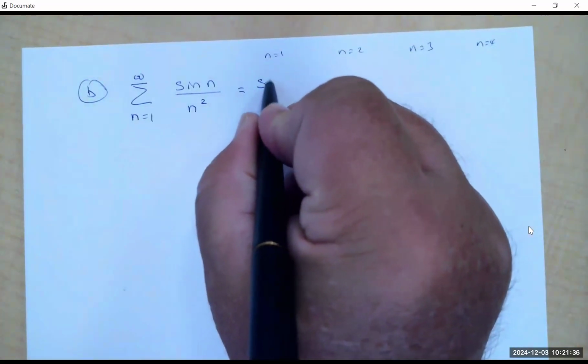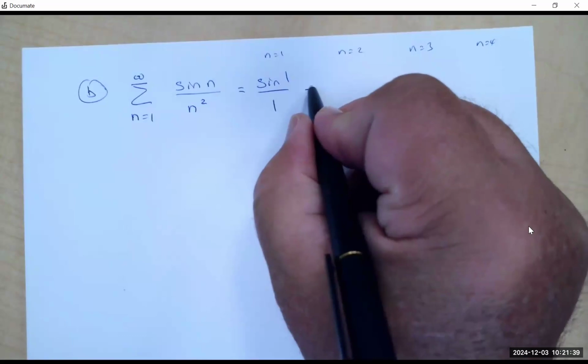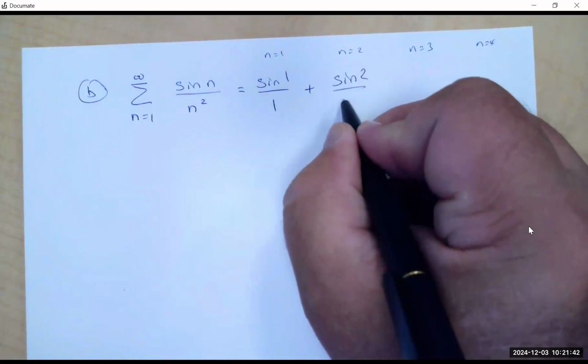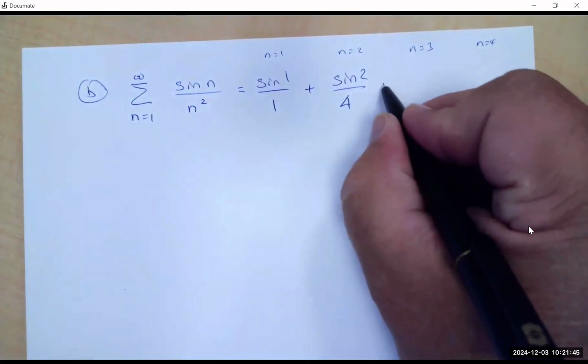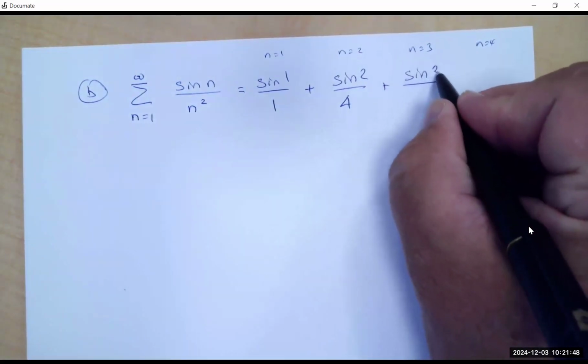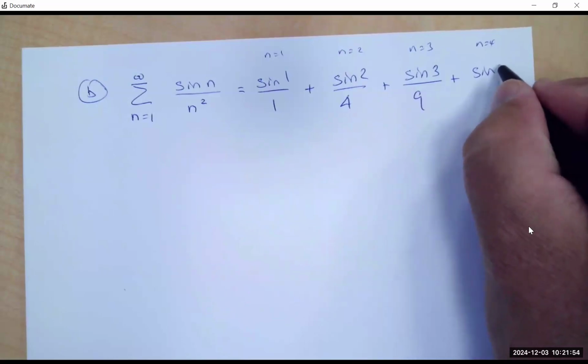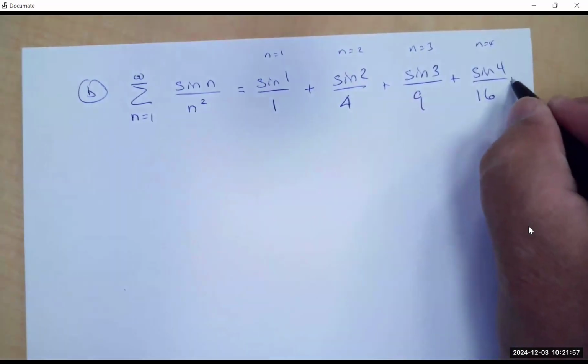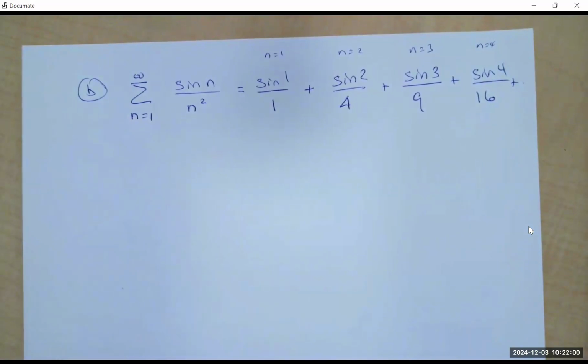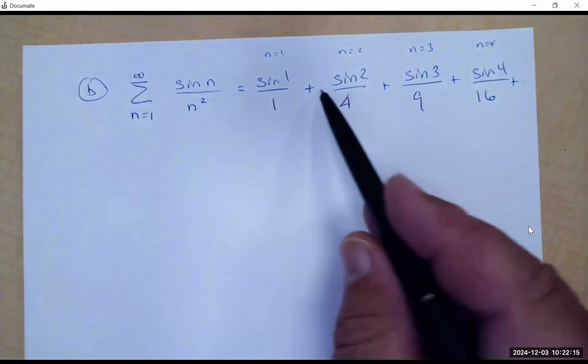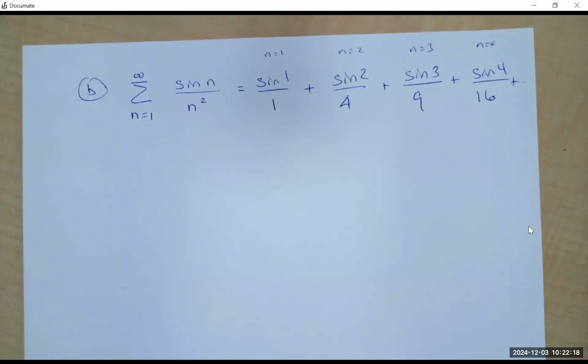So we have sine 1 over 1, sine 2 over 2 squared, which is 4, sine 3 over 9, sine 4 over 16, and so on and so forth. Does it alternate signs? What are the values of sine? What is the lowest and what's the highest value of sine? -1 to 1. So yes, these alternate signs, depending on where these angles or these values stay.